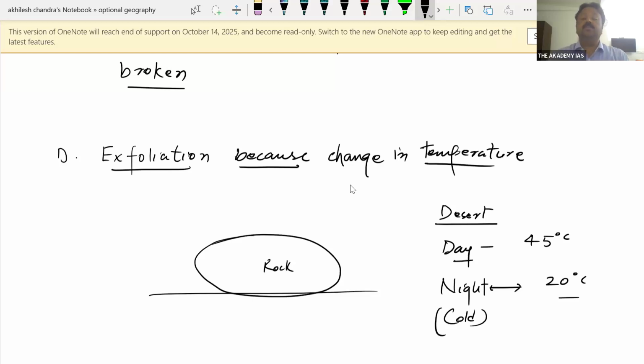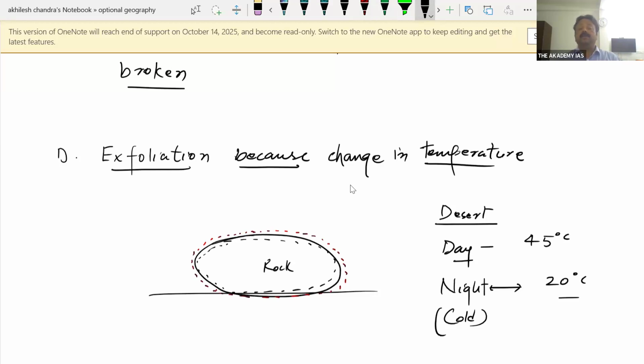So दिन के समय में क्या होगा बच्चे? ये rock, there will be thermal expansion. ये rock का जो ऊपर का part होगा exposed है ना बच्चे heat को. So there will be thermal expansion. And at night there will be thermal contraction. So there is one day thermal expansion, thermal contraction. और क्या होगा बच्चे?